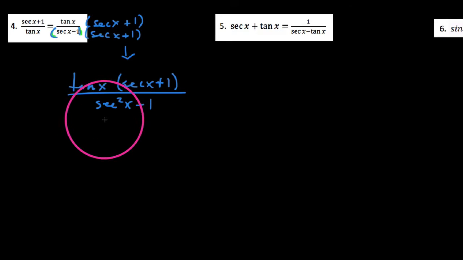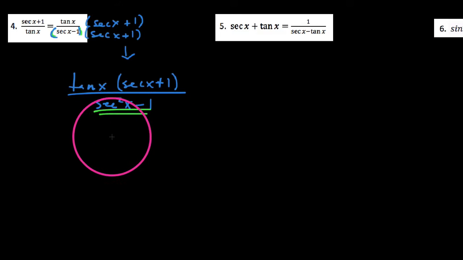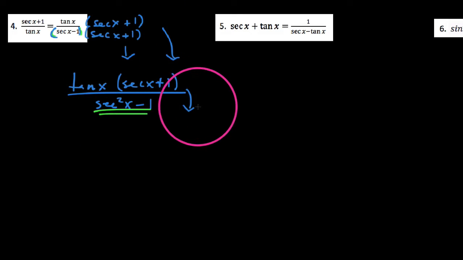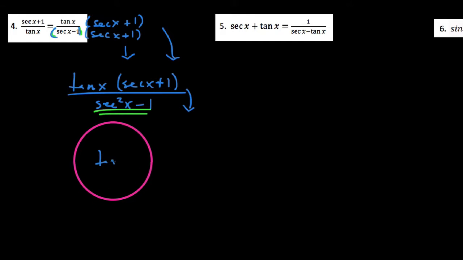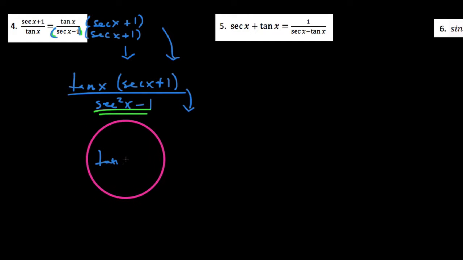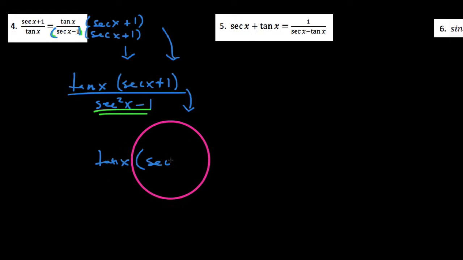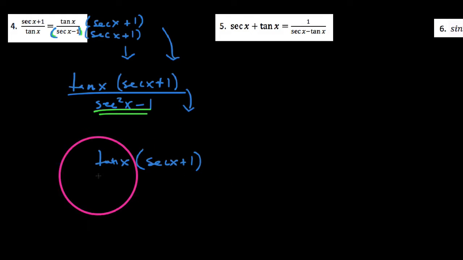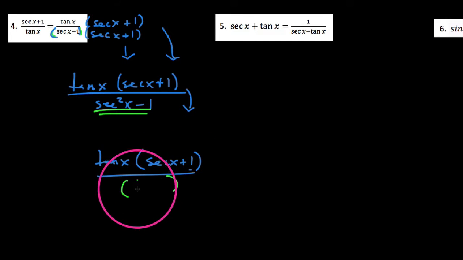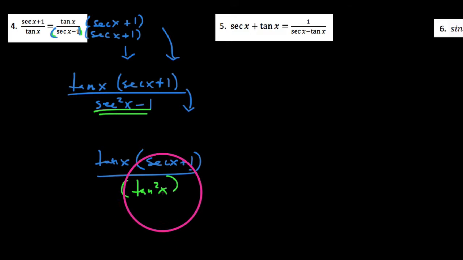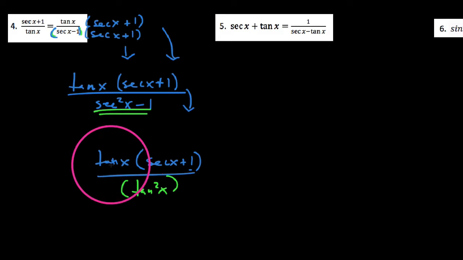And so the neat thing here is that this is Pythagorean, and I can make a substitution. And you might be thinking to yourself, how is this going to help me here? And why didn't I go ahead and distribute the tangent x on top? Why is he leaving it outside the parentheses? The reason is that when I make this substitution, the tan squared x down here has a common factor with the top.